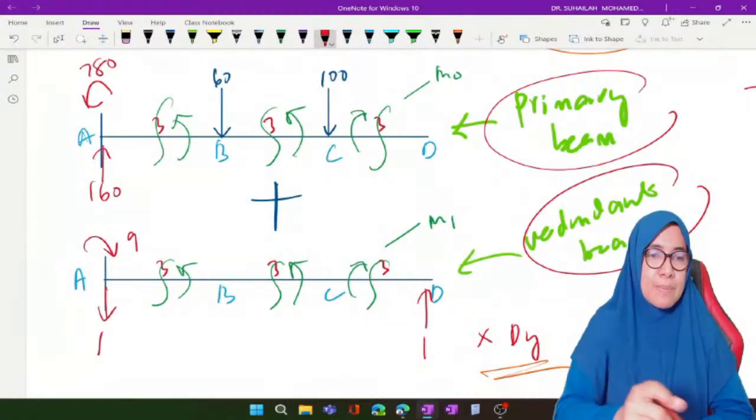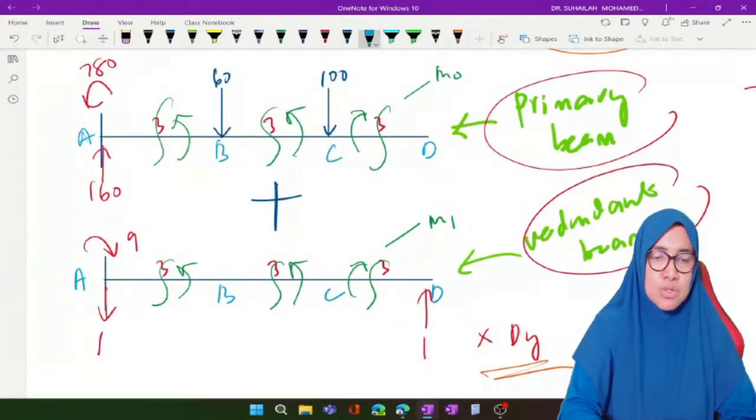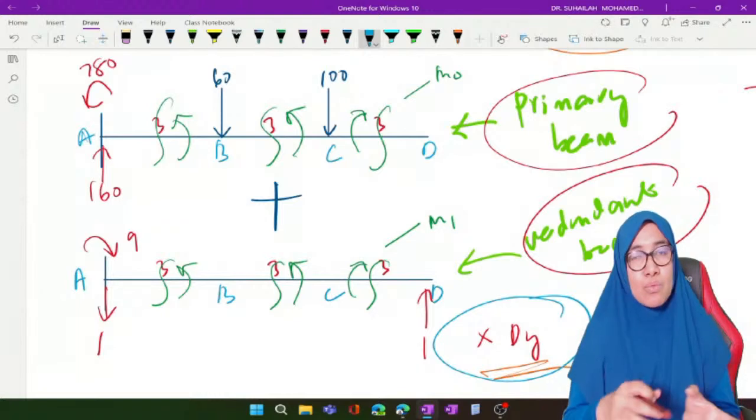And always remember, redundant we have to times back with dy that we remove.